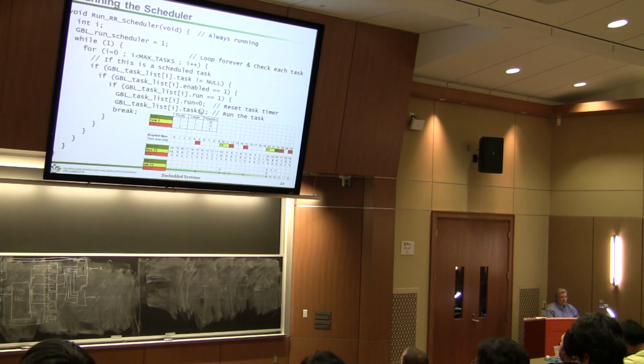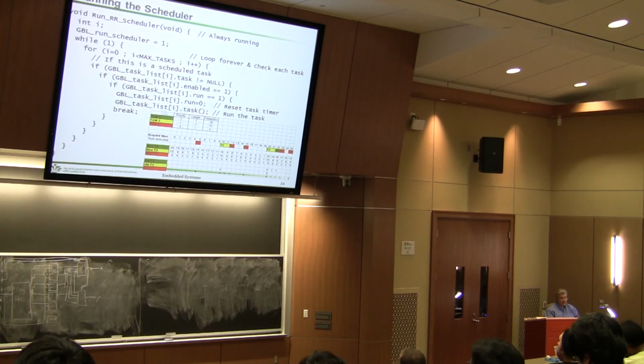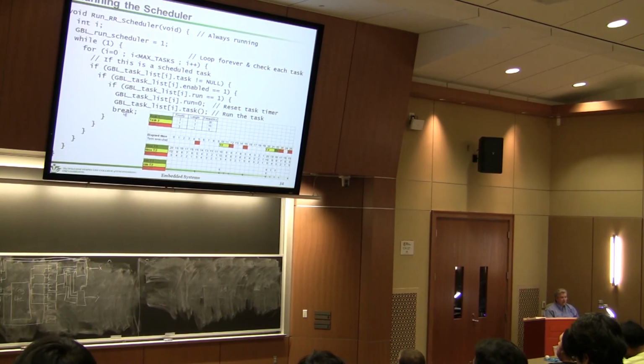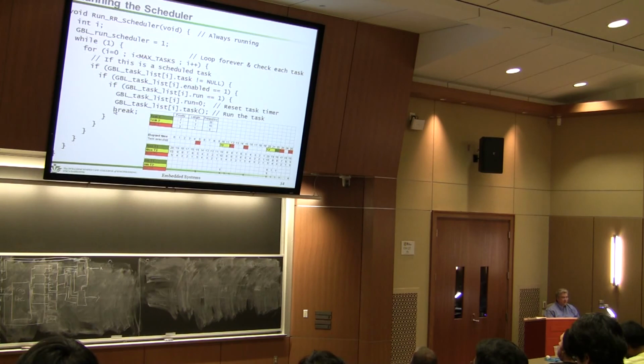Now notice once you go here to execute the task, and you're done, you break out of what? Which level? All the way out to the while? So this break, after the task is done running, and it ends, in other words, the function is done running, you come across a break.